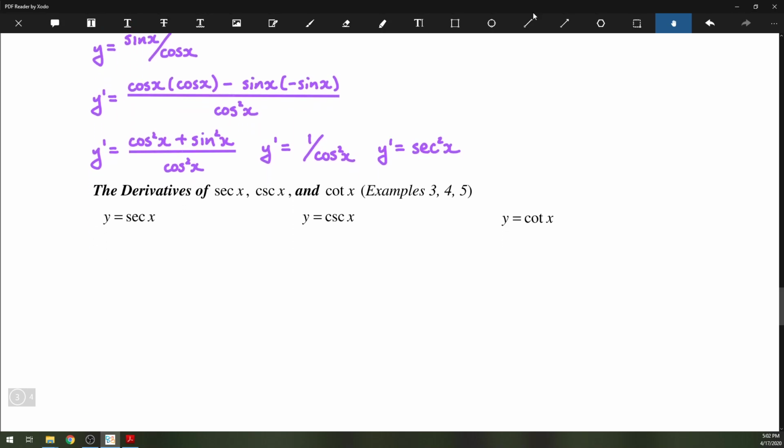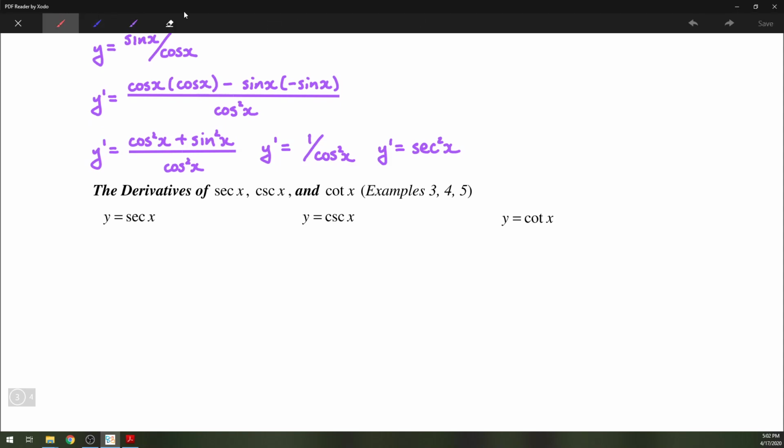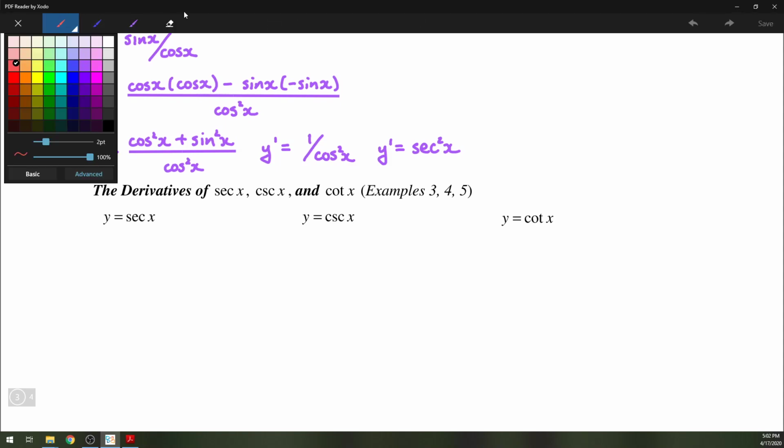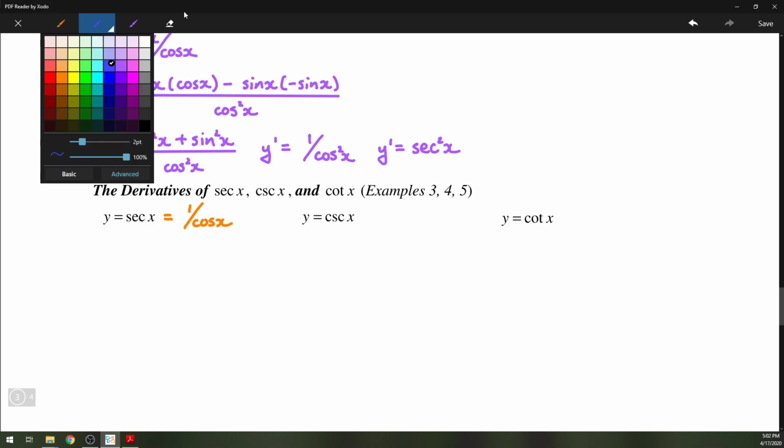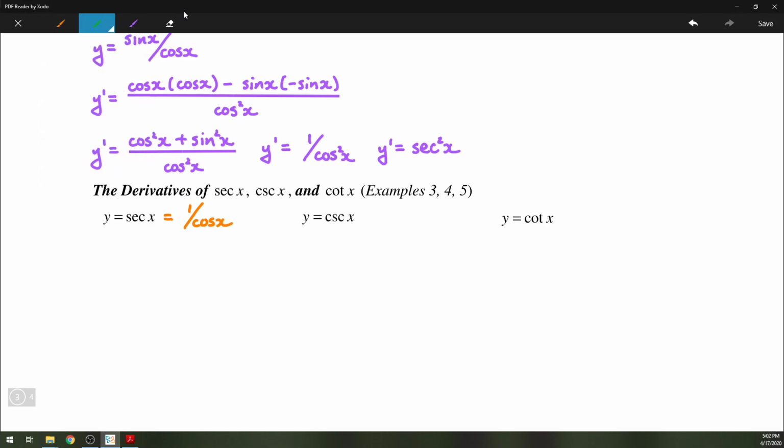Let's continue. Now we have the derivative of secant, cosecant, and cotangent. We're once again going to use the quotient rule. So for the first case, we have 1 over cosine x. In the second case, we have 1 over sine x.